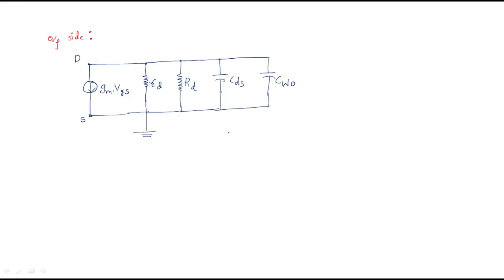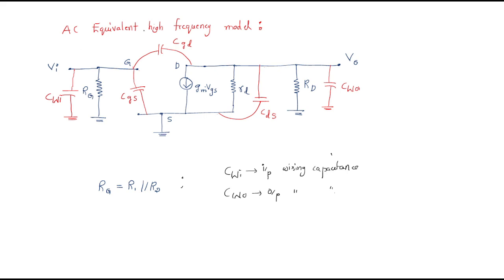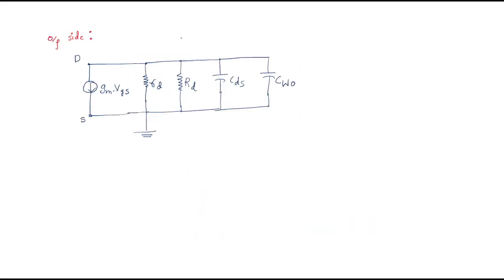And if you observe the circuit, we have CGD also. We can convert it into CMO, or CM naught. CM naught is the output side mutual capacitance.